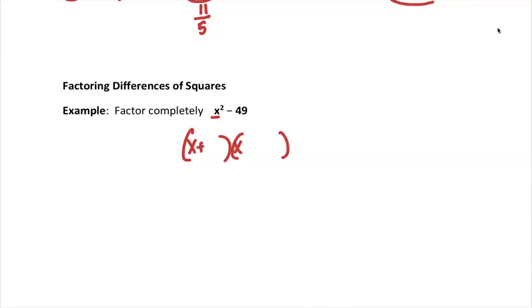From the formula, one's a plus and one's a minus, and then this gets square rooted in that second position. So the square root of 49 is 7. You can see that these form conjugates, x plus 7, x minus 7. If we were to check this and multiply, we know that the minus 7x plus 7x cancels, and we'd just be left with that last term, which matches what we were working with.